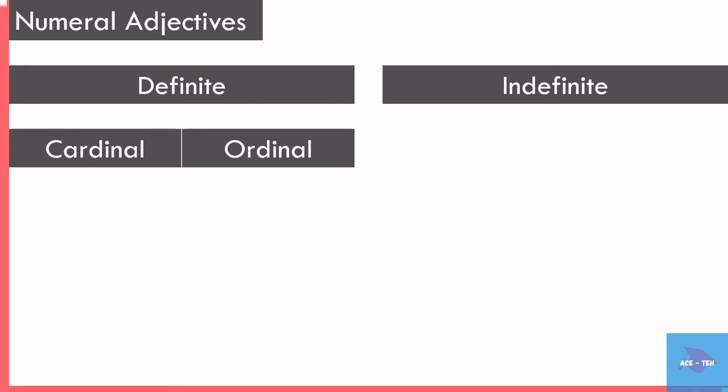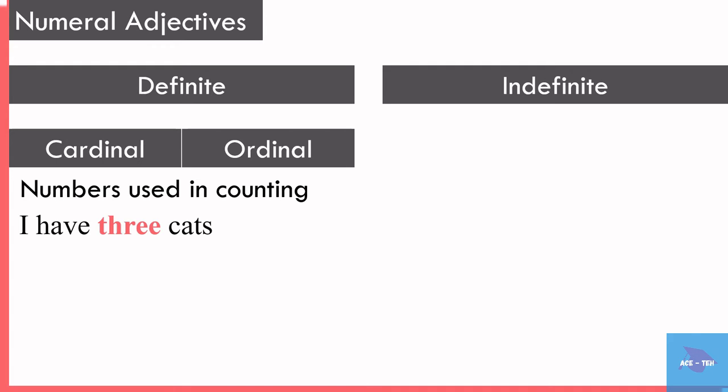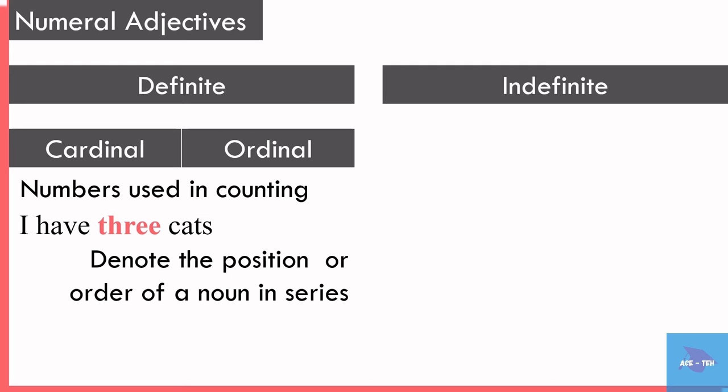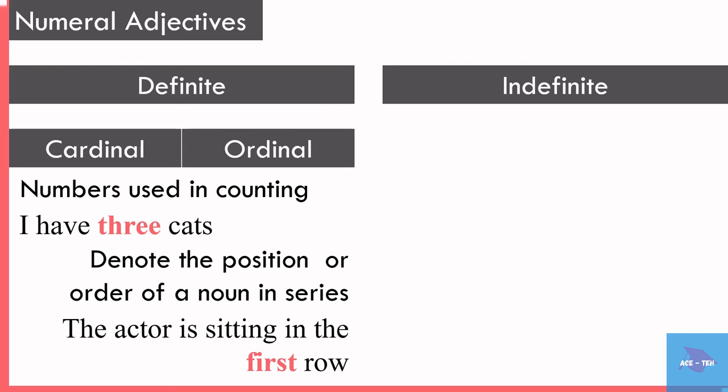Cardinal numeral adjectives are numbers such as 1, 2, 3, 4, etc. that are used in counting. They answer the question how many. Ordinal numeral adjectives denote the position or order of a noun in series such as first, second, third, last, etc.